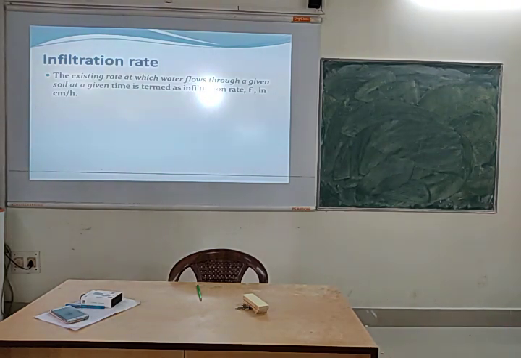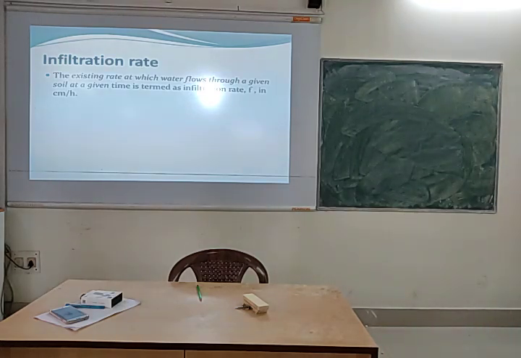Now again, definitions will be there. The first definition is infiltration rate. I have already told you that term. Infiltration rate is the volume of water soaked or infiltrated per unit time. The existing rate at which water flows through a given soil at a given time is termed the infiltration rate.